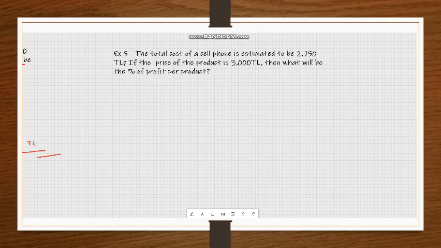So right now we need to find the percentage of profit. From the previous question we know that profit is 250 lira, right? So we know that profit P is the percentage of profit multiplied by the total cost.